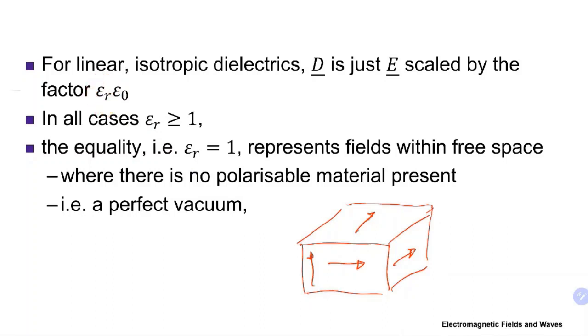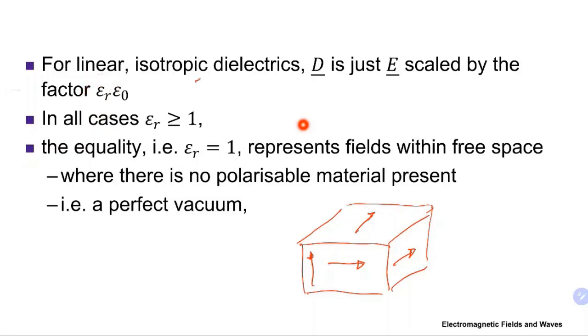There are some materials which are called anisotropic. If you apply the electric field in this direction, you polarize differently compared to if you apply the electric field in this direction. In those sorts of materials, epsilon r is not the same in all three dimensions. It's different in different dimensions, and therefore this value here is not a scalar.